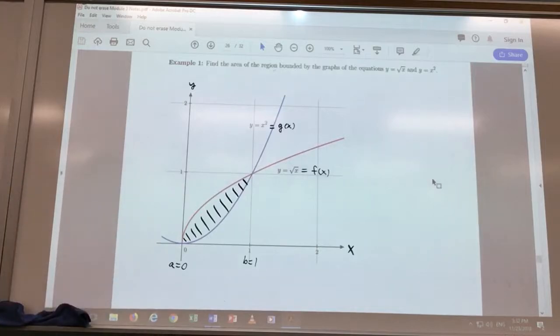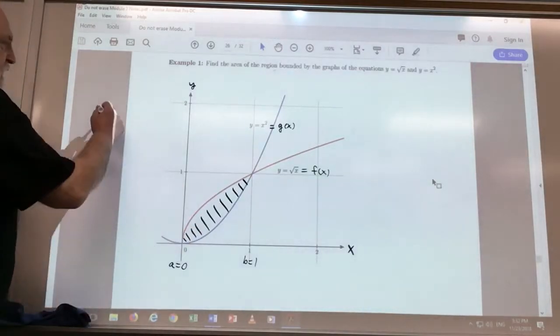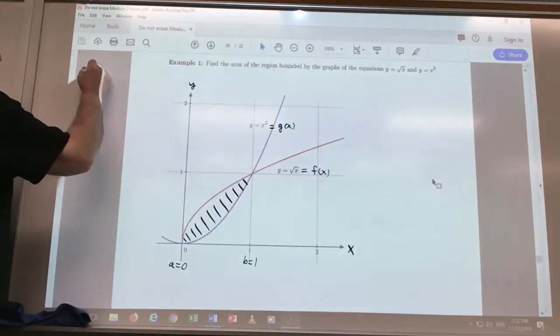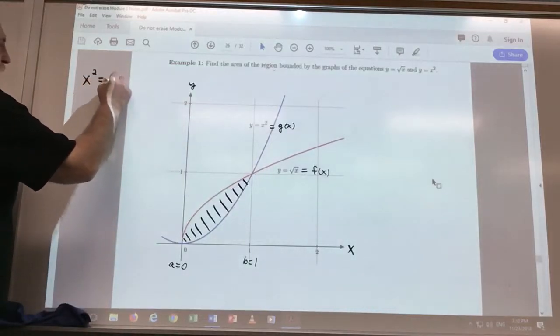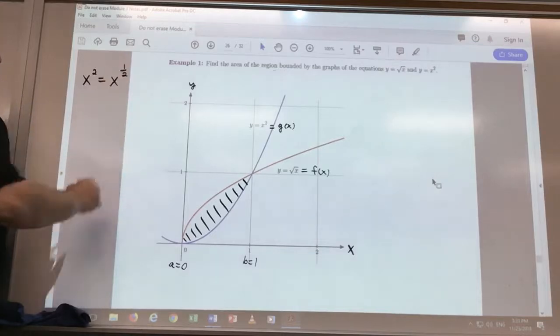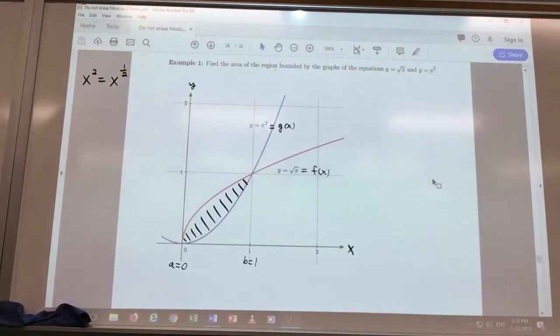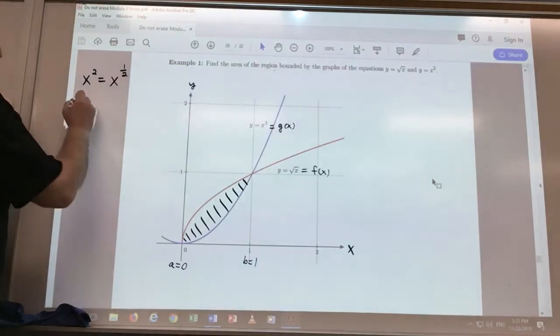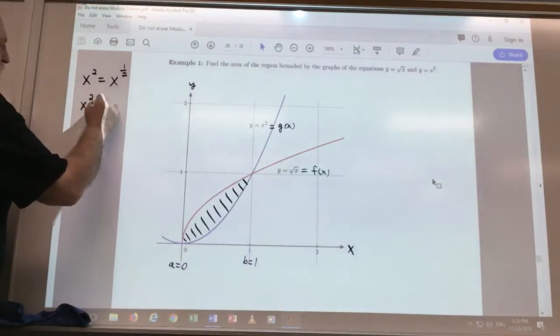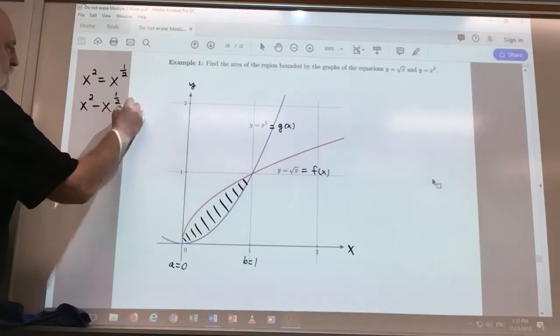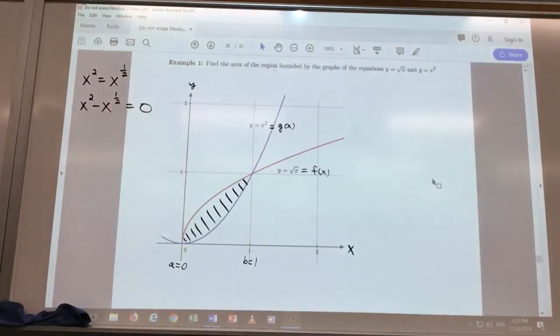Now you can always do algebra if you want to verify that's the case. You set the first function x squared equal to the second function, which is the square root of x, or x to the 1/2. Then if you subtract x to the 1/2 from both sides, you have x squared minus x to the 1/2 equals 0.